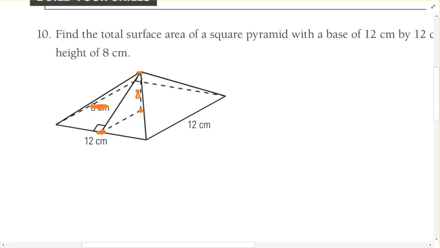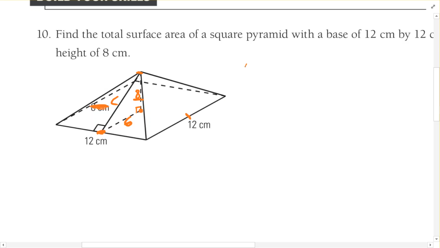And the way we're going to do that is, if I know this is 8, do I know what my base is down here, what the bottom of that right angle triangle in there would be? Well, it's going to be half of 12, right? It's half of our square base that we have there. So it's going to be 6. So I know that this is 6. And we need to figure out C, right? So the slant height there.